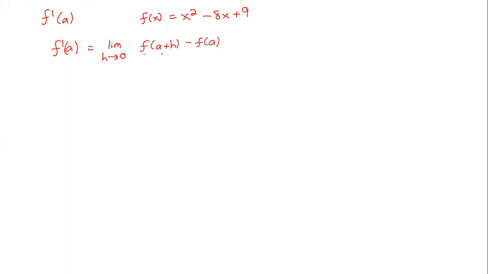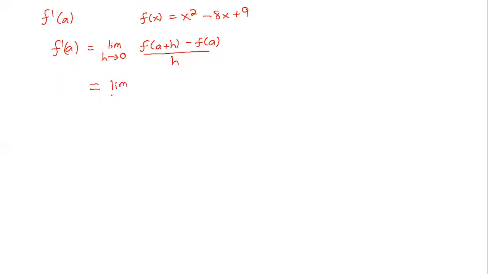And so let's, for example, look at how you would get f'(a) if your f(x) was equal to x squared minus 8x plus 9. In this case, f'(a) is equal to the limit as h goes to 0 of (f(a+h) - f(a))/h, if you look at that definition of the derivative. Then we start to plug in f(a+h) coming from this equation for f.